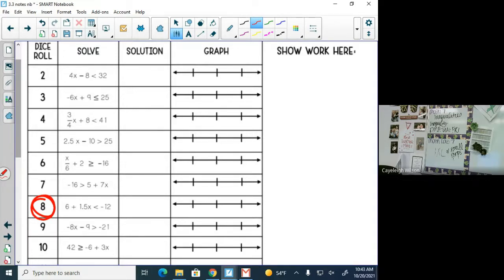Right now we're doing number 8 on the back. So you just have to solve it and graph it. You don't have to check it or anything.